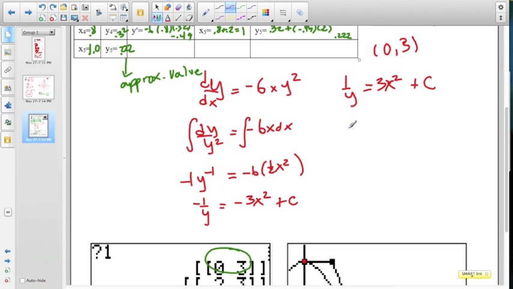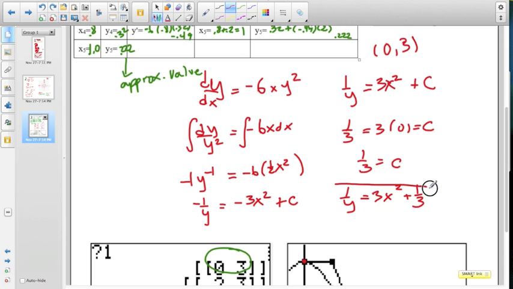So if we put 0, 3 in, we get a c of 1/3. And again, this is after taking out the negative sign. So we have 1 over y equals 3x squared plus 1/3. So there's the function, and that's what the graph of this is.